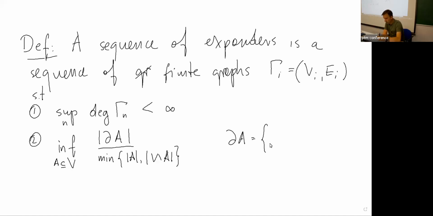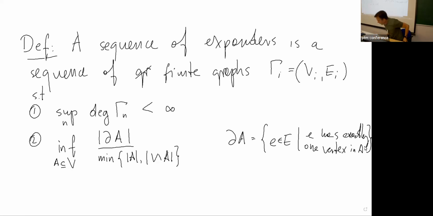So edges in E that have exactly one vertex in A. The idea is that this infimum is bounded below by a constant C for every gamma I, with vertex set V_I, and C is independent of I.